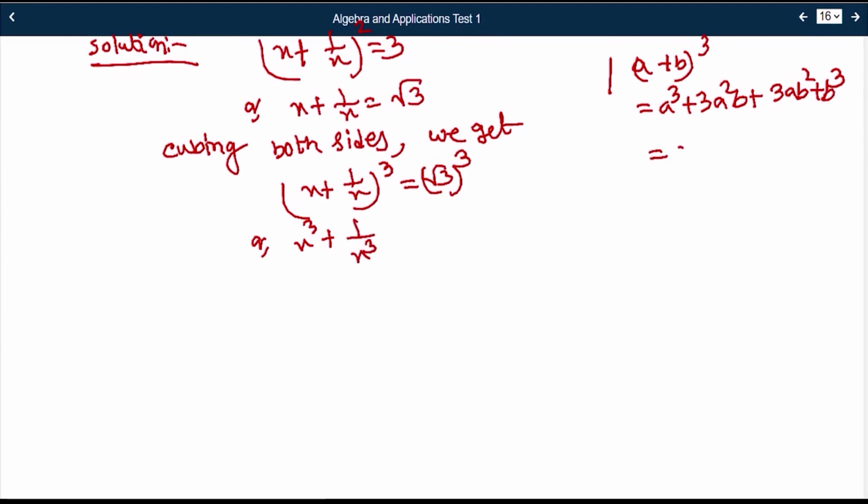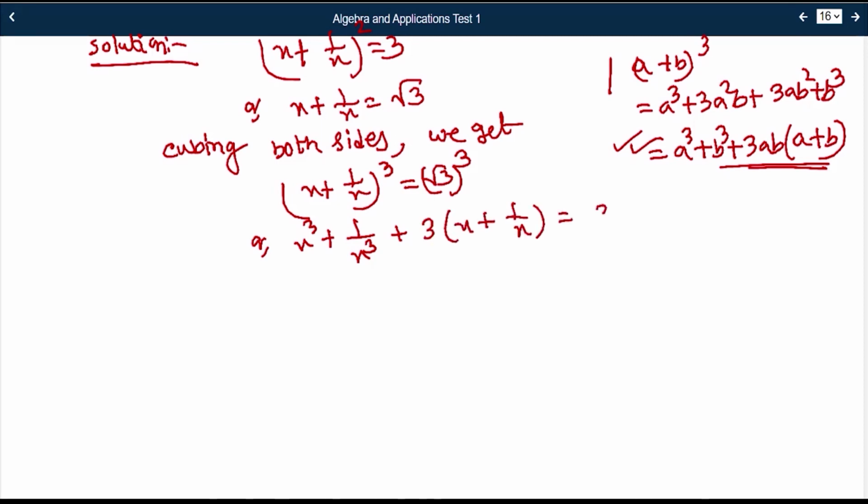Well, there is one more formula, that is a cube plus b cube plus 3ab multiplied by (a plus b). Yes, I'm going to use this particular one. Here we are taking x as a and 1 by x as b. So 3 times (x plus 1 by x) equals 3 root 3, correct?